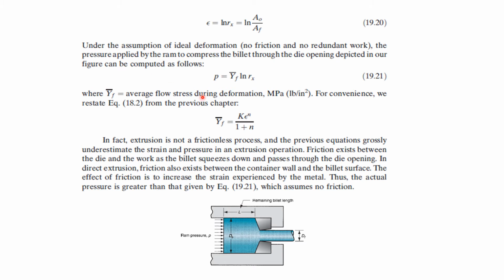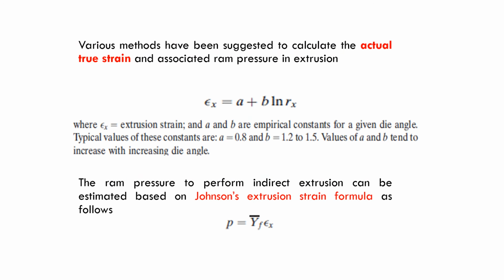We can also calculate the pressure in the process, okay, for the ram. So this one is calculated by average flow stress times the ln Rx. Okay, so then you will get the pressure. Again, the average flow stress is calculated by using this equation. Okay, so if we consider the friction and all, we have to use the equation given here, which is epsilon x equal to A plus B ln Rx.